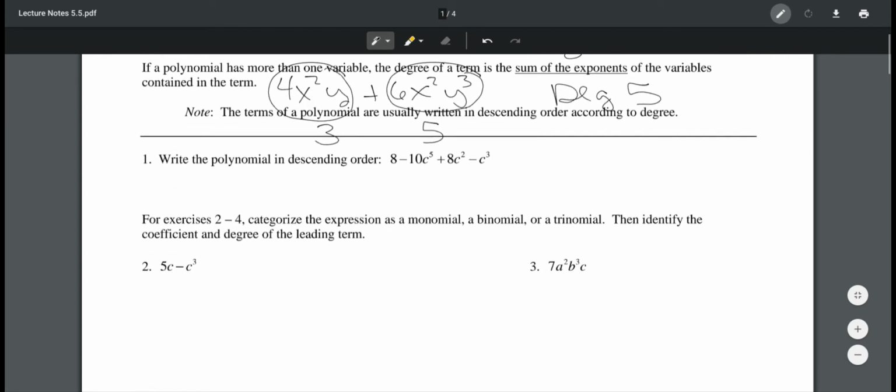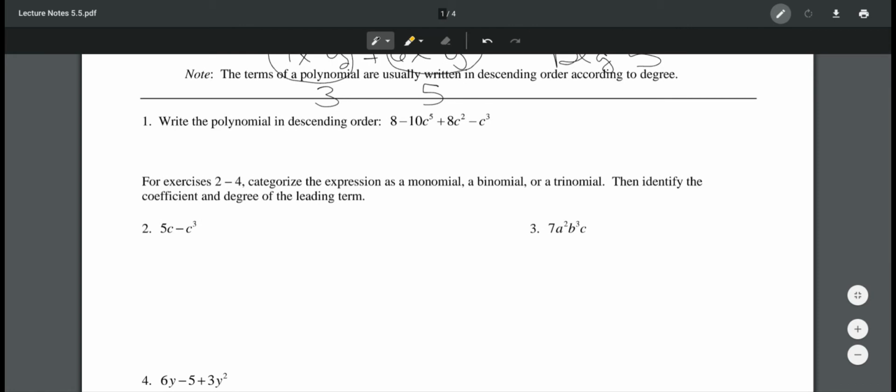Now, in example 1, it simply wants us to write this polynomial in descending form. What that means is you want every term in order from the term with the largest exponent, down to the smallest exponent, or the constant term, which is a term that does not have a variable. So the largest exponent I see is c to the fifth. So I'm going to write down my negative 10c to the fifth first.